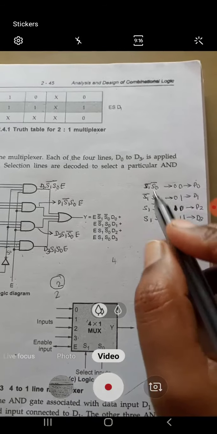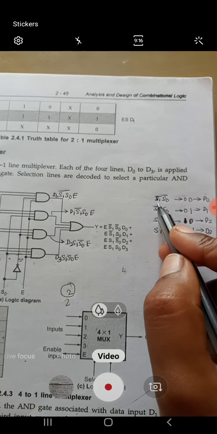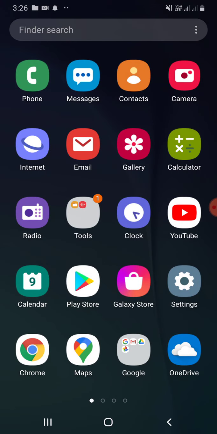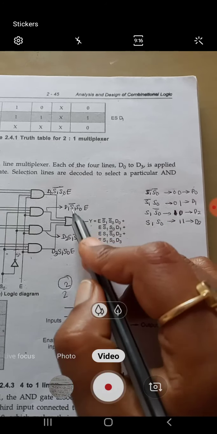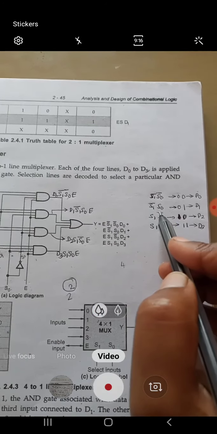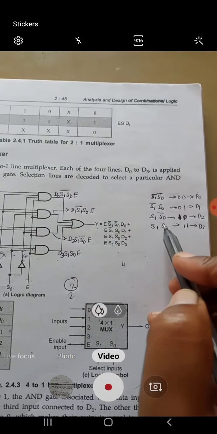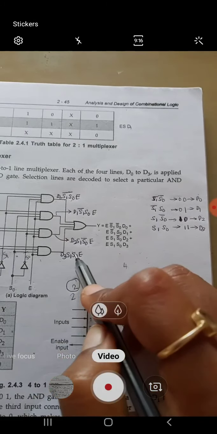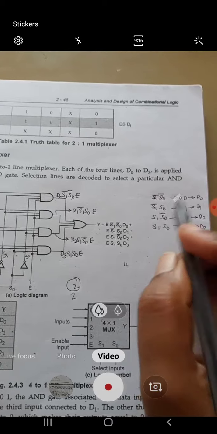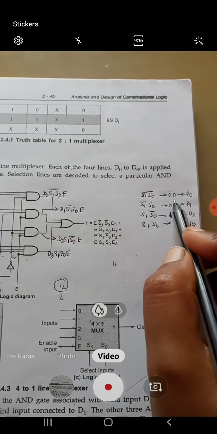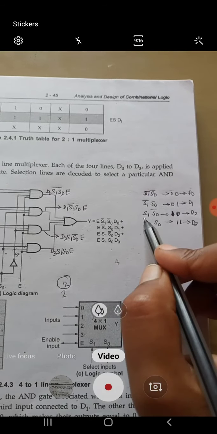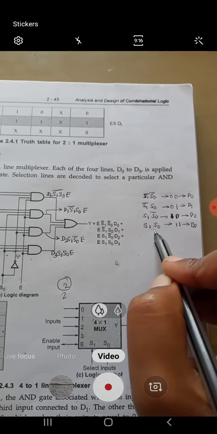I have written it over here: S1 bar S0 bar, S1 bar S0, S1 S0 bar, S1 S0. The one which comes with a bar, the value is 0. So 0 0, 0 1, 1 0, 1 1.